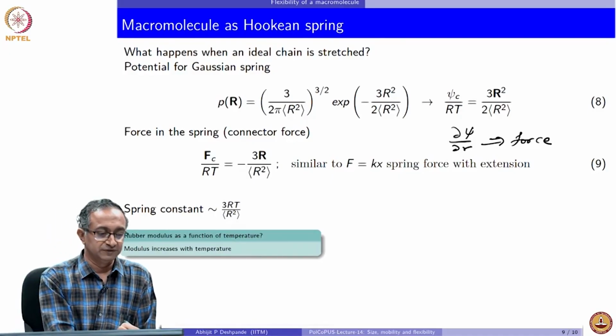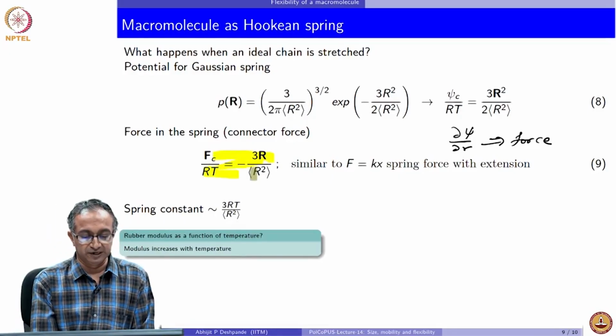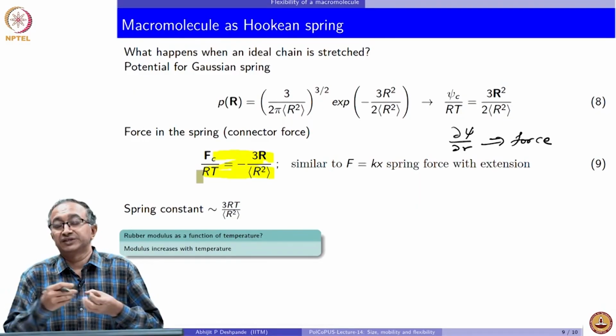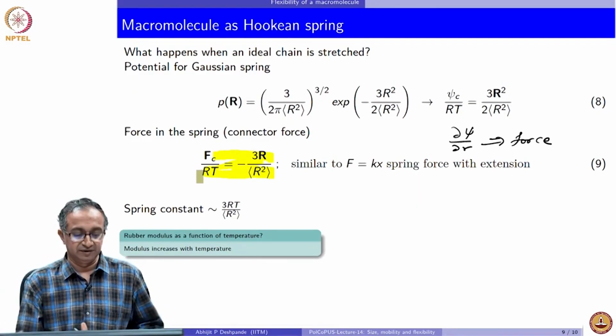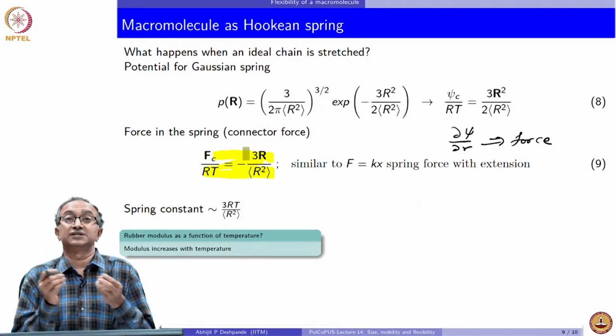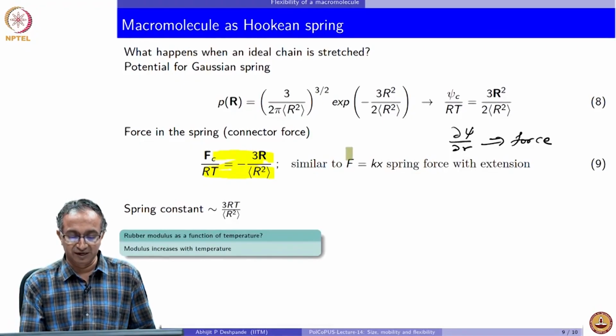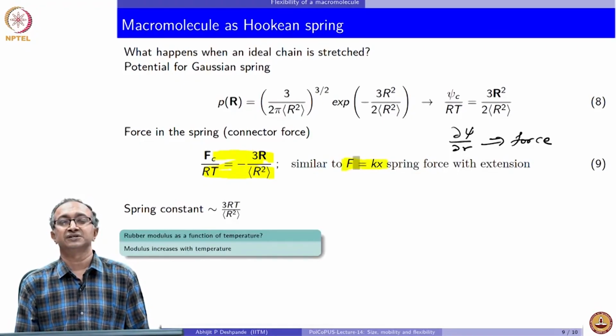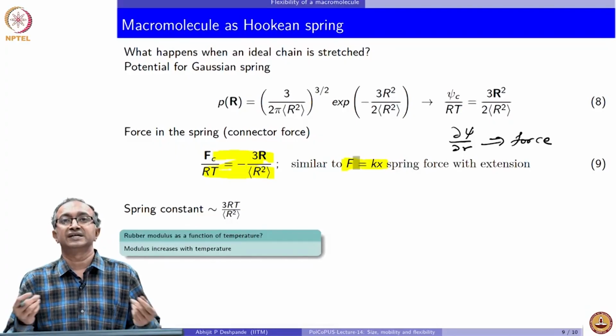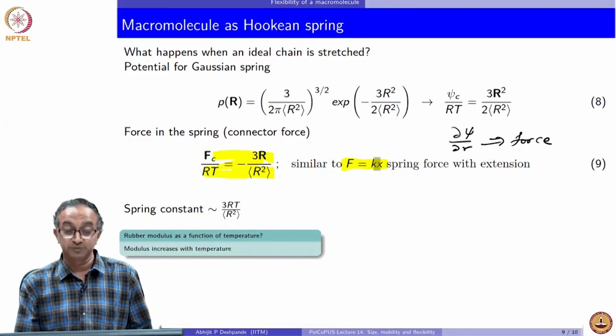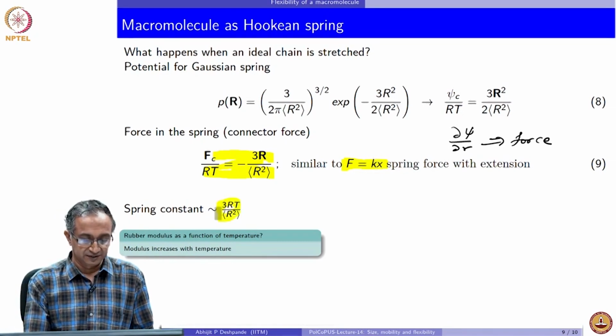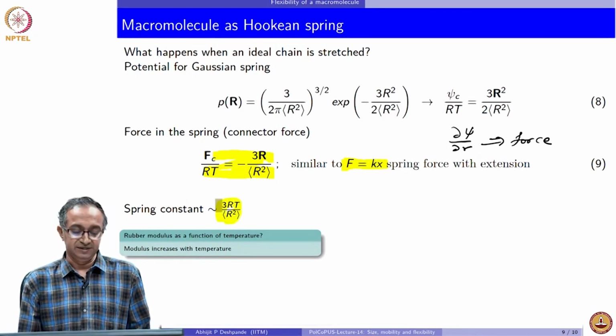So the force experienced by this macromolecular object is directly proportional to the distance between the ends. This is very similar to a spring constant in the case of a Hookean spring, where force is proportional to the extension. And the spring constant is 3RT divided by the mean square end-to-end distance.